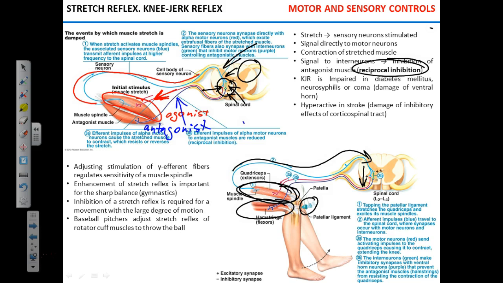Now, before we move to the clinical significance of a reflex like that, sensory neurons, motor neurons, which anatomical structures do they go through? Which anatomical structures extend between spinal cord and a muscle?